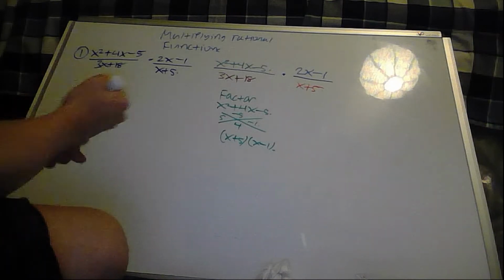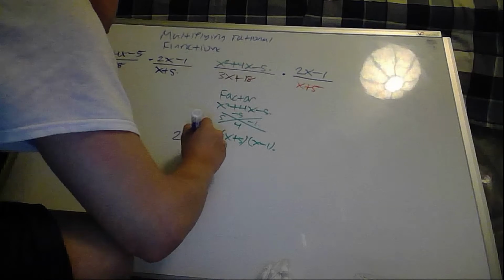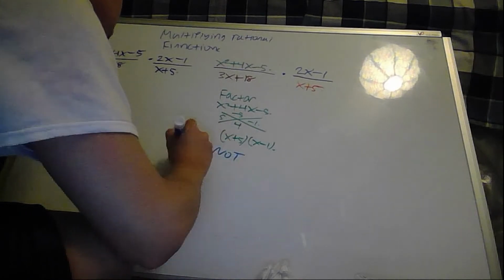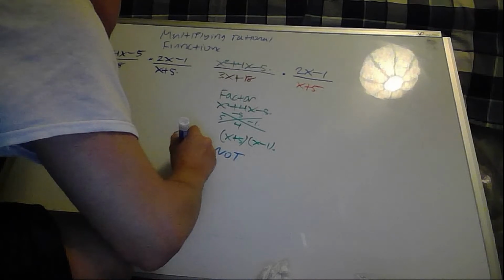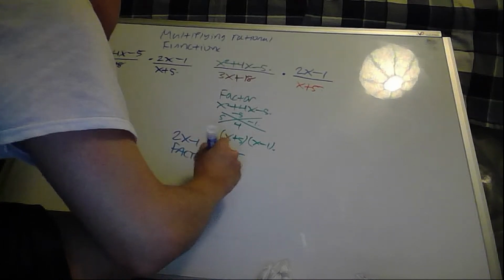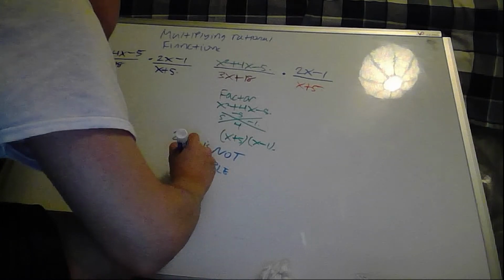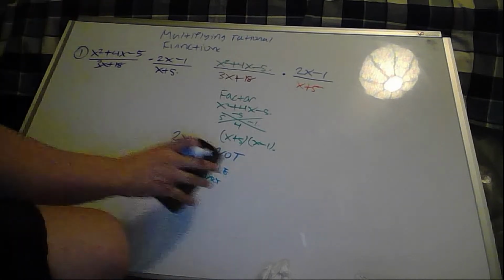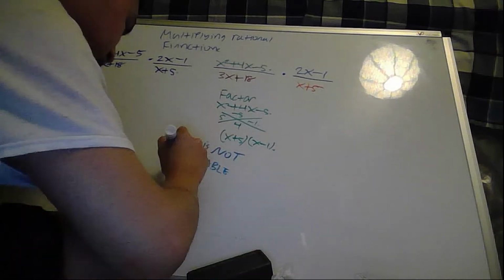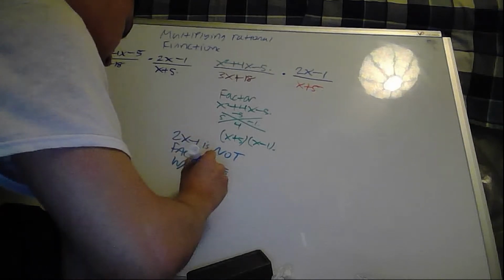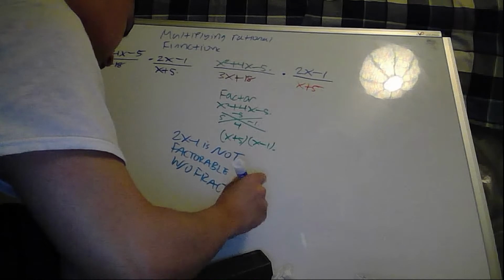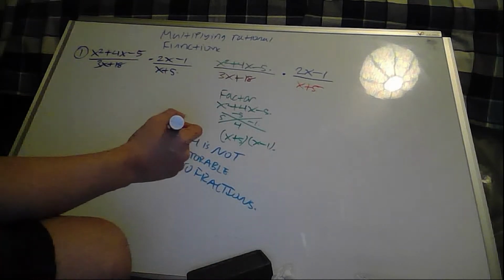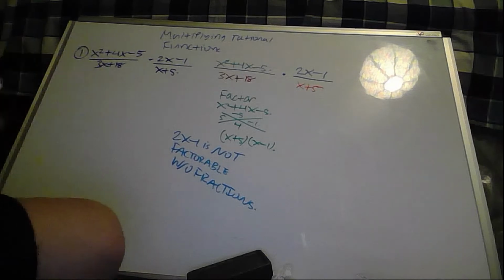And then actually, I'm going to say 2x minus 1 is not factorable without fractions. Okay. So it's going to stay as it is, right? 2x minus 1 stays as it is.